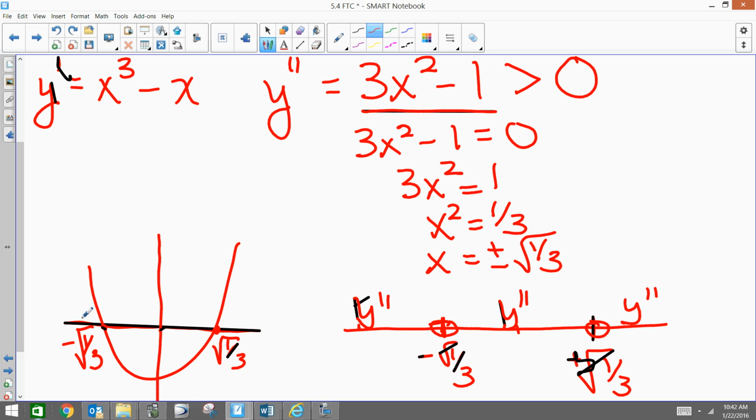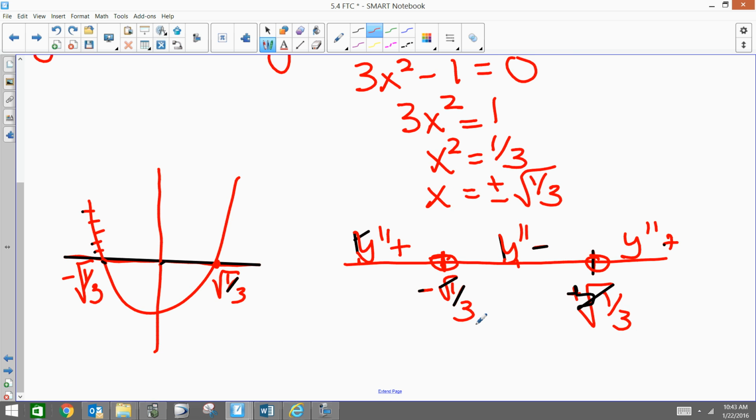From here, it's positive because it's above the x-axis. On here, it's negative, and positive again. I don't know what these values are. I can look them up on my calculator, but I just need to know that the graph looks like that, and these are going to be positives, and in between right here, we're going to be negatives.